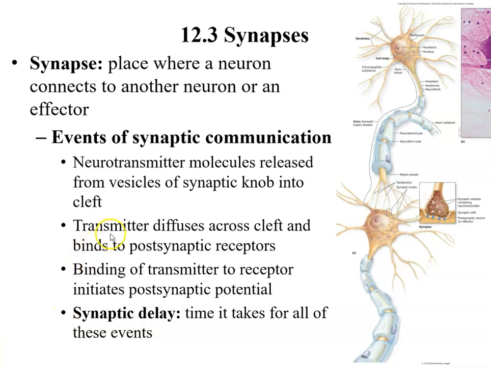The neurotransmitter diffuses across the synaptic cleft and then binds to postsynaptic receptors, so receptors on either the next neuron or the muscle cell or the gland. Binding of transmitter to those receptors is what initiates the postsynaptic potential. There's a thing called synaptic delay, and this is the time it takes for all of these events to occur.